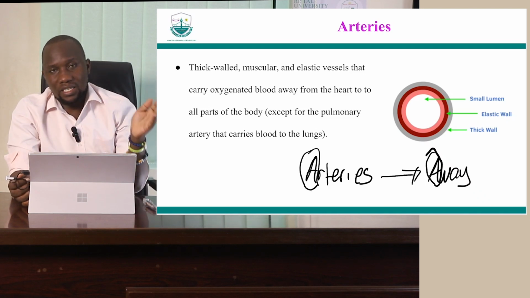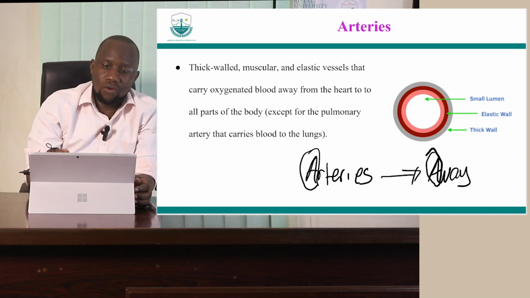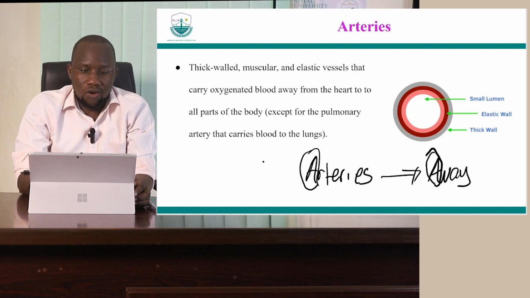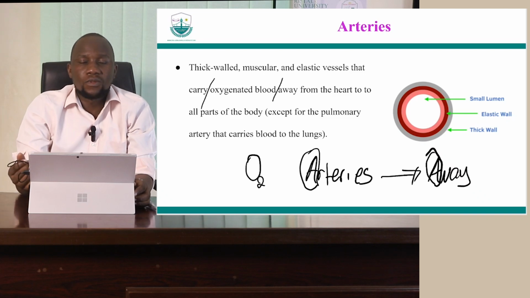So usually the blood that is taken away from the heart to the different organs is containing oxygen, and therefore we call that blood oxygenated blood.